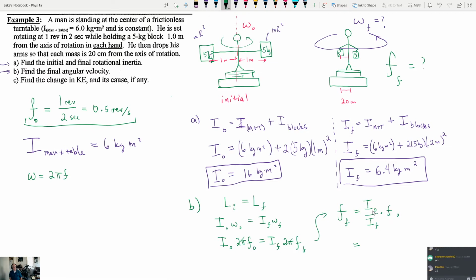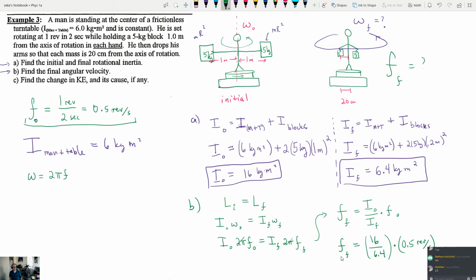So on the right-hand side, we have I initial, which is 16, divided by I final, which is 6.4. I'm not going to put units on there because this is a ratio, which means the units cancel. We multiply by the initial frequency, which is 0.5 revolutions per second. And I think that we're going to get, what are we going to get?